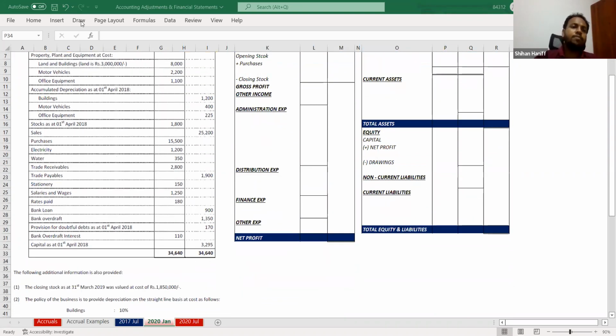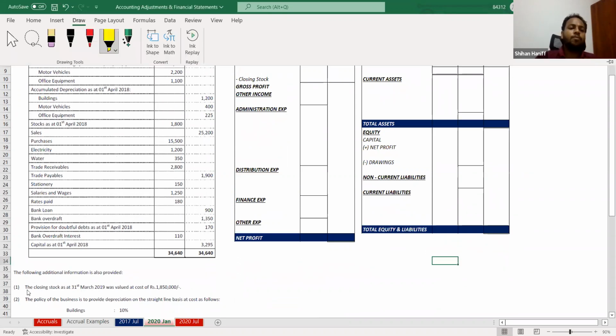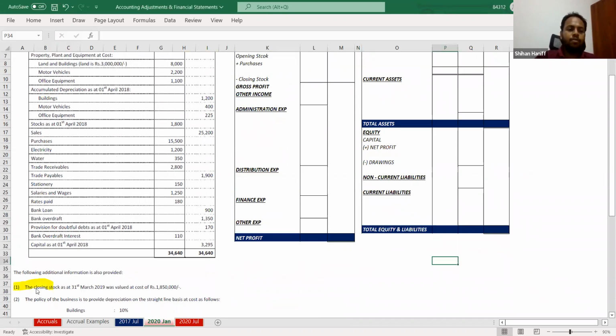Adjustment number one is always the closing stock. The closing stock as at 31st March 2019 was valued at 1,850,000.